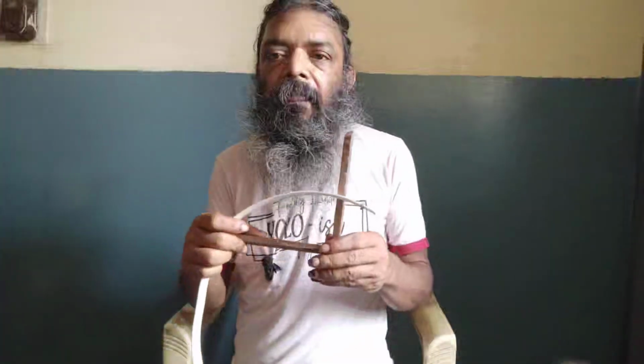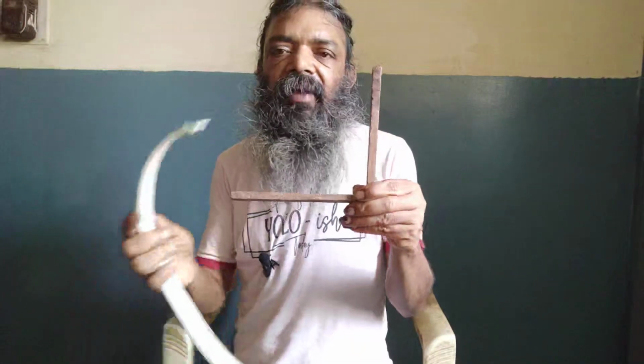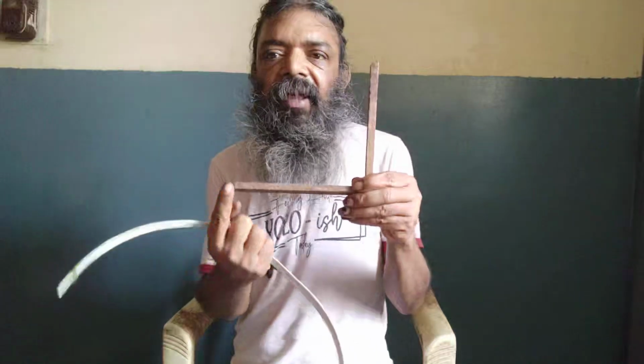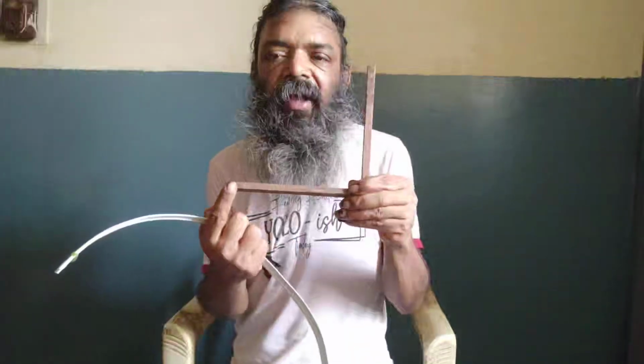So we took a very typical curve like this. Okay, this is the x-axis. Consider this is the curve. This distance from the origin to here is x, and this is the y-axis.